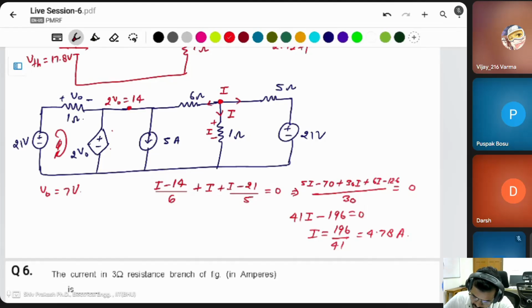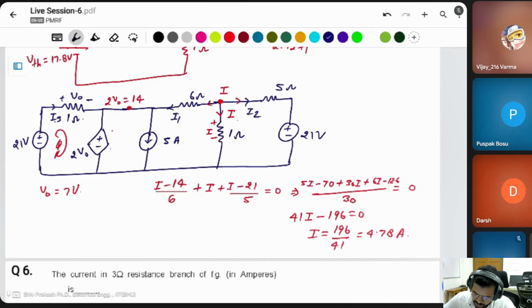The dependent voltage source, this is the current source, 1 ohm, this is 6 ohm, 5 ampere current, plus minus 2 V naught, this is the V naught, 1 ohm resistor.